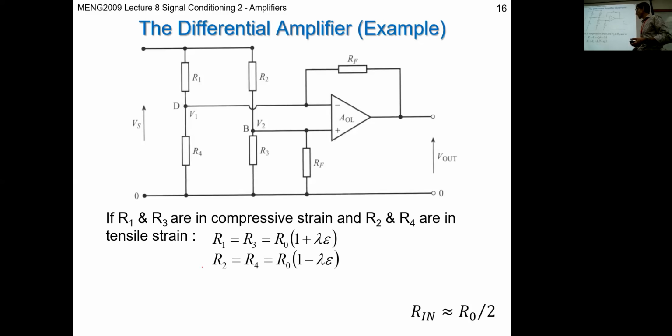So R1 and R3 are both R0 times 1 minus lambda epsilon, and R2 and R4 are both R0, your base resistance, times 1 plus lambda epsilon. That's the change in resistance due to the compression of the strain gauge. You'll remember this from strain gauges, so you can revise that for your in-course test.